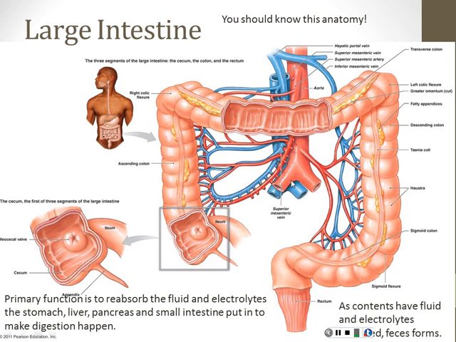All right. So up, across, down, around, and out, right? So ascending, transverse, descending, sigmoid is the around, and then rectum is the down and out. All right, so do know this anatomy.